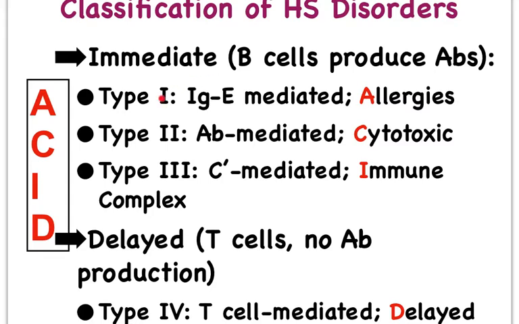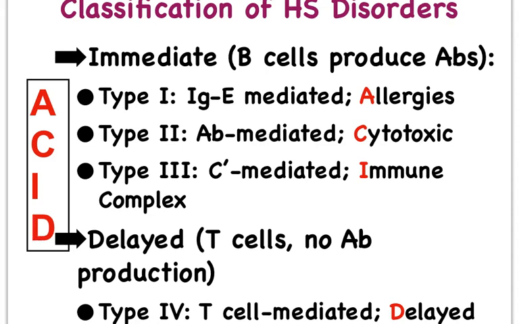So all of these 3 see the involvement of antibodies, but typically we're going to see something else helping out the antibodies. And then, as I said, in the type 4, we don't have any antibodies, and it is T cell mediated instead.